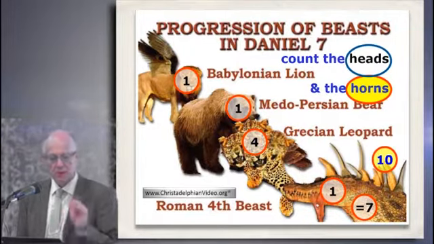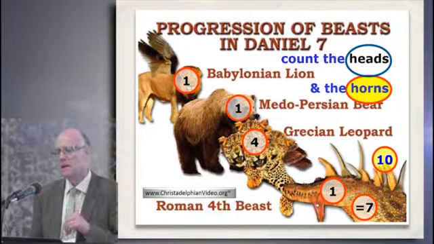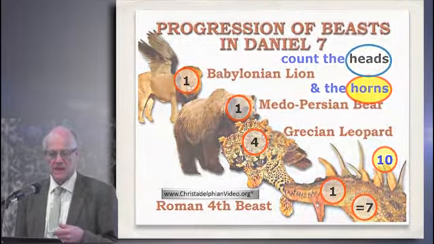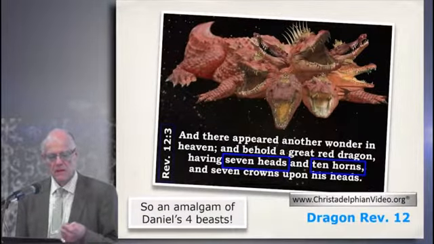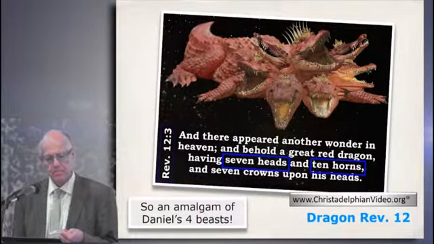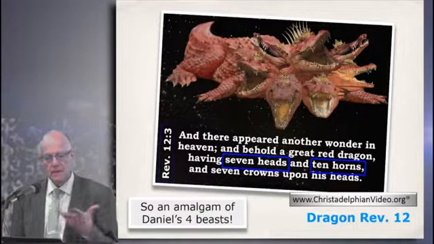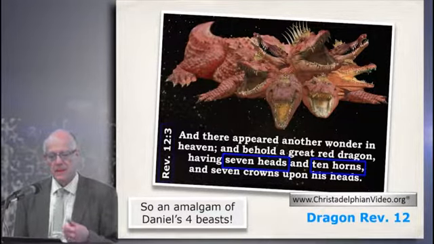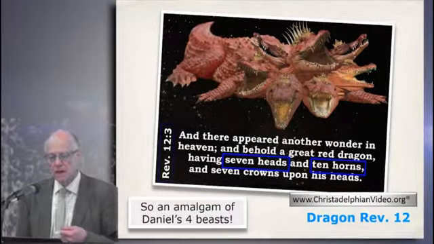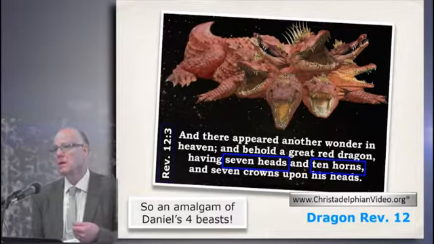John is in this Roman 4th beast period, which incorporates all that has gone before it. All the wrong thinking is there. So it's an amalgam of Daniel's 4 beasts, and it was described as a red dragon, pagan Rome.